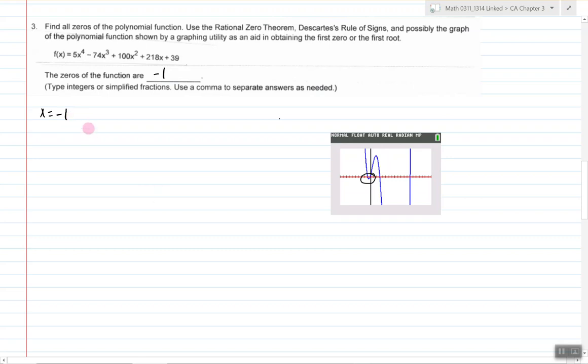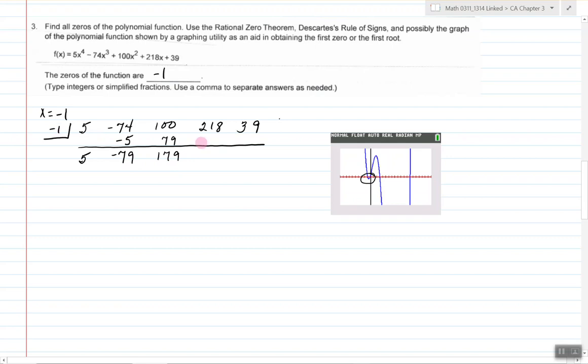I have 5, negative 74, 100, 218, and 39, with negative 1. All right, bring down the 5. 5 times negative 1 is negative 5. Combine for negative 79. Negative 79 times negative 1 is 79. Combine for 179.